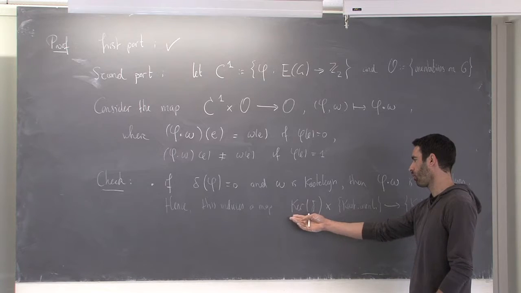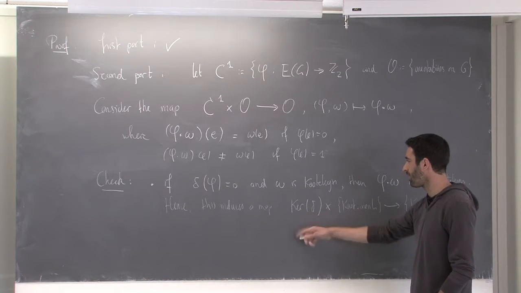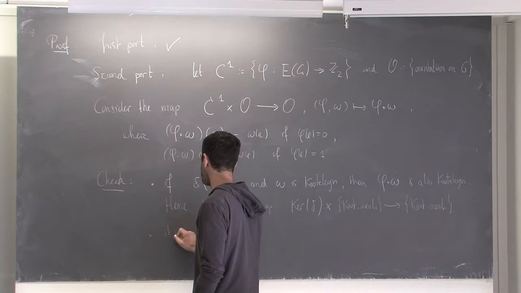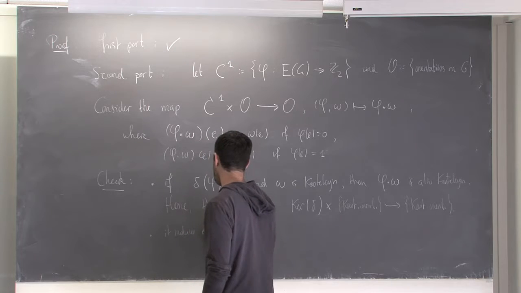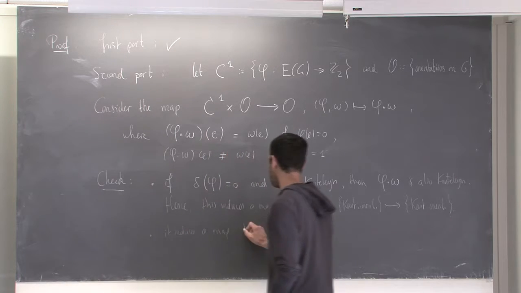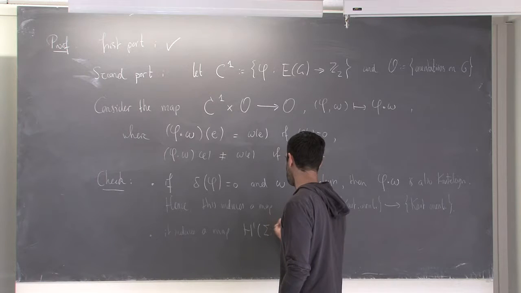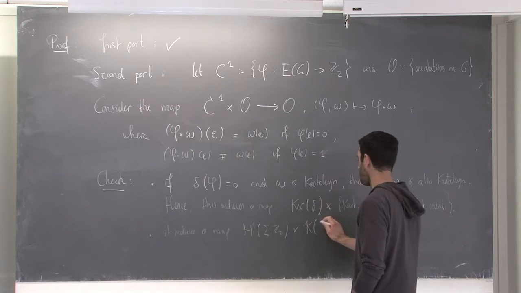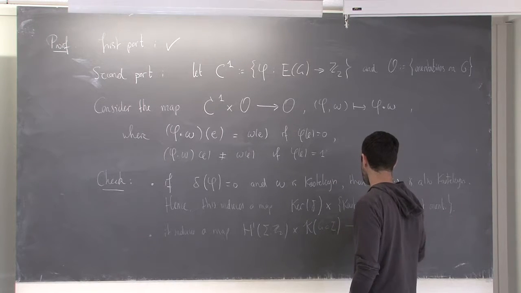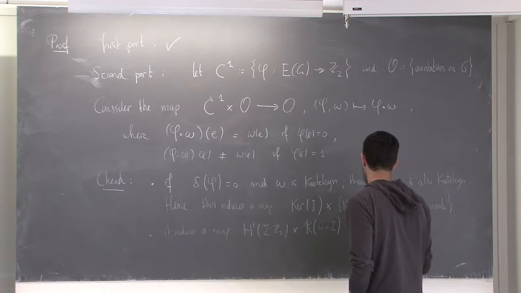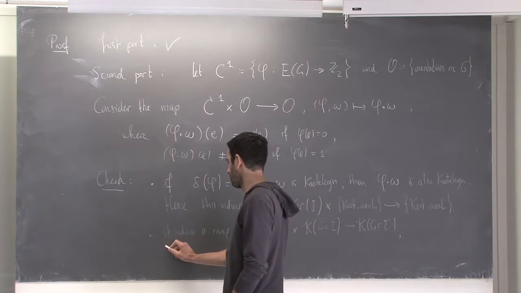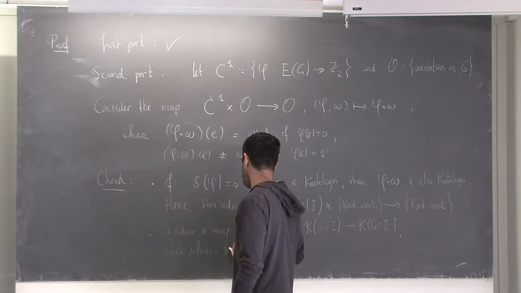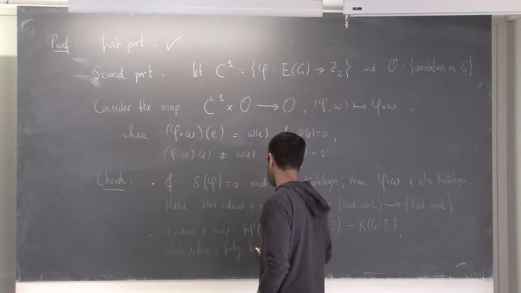So here, if you have this kernel, then you have to mod out by the image to get the H upper 1, and you just check that it induces a map from H upper 1 on the equivalence classes of Castelline orientations which defines a freely transitive action.